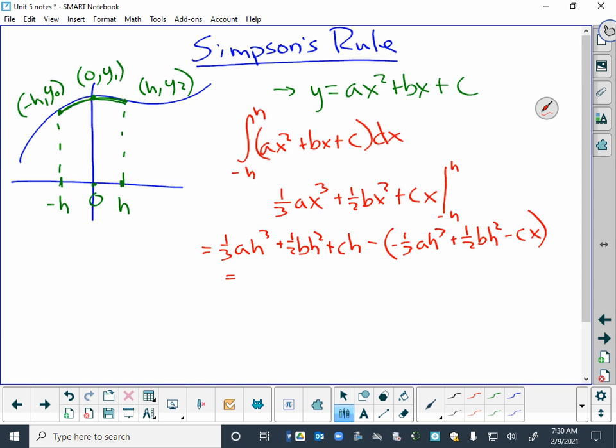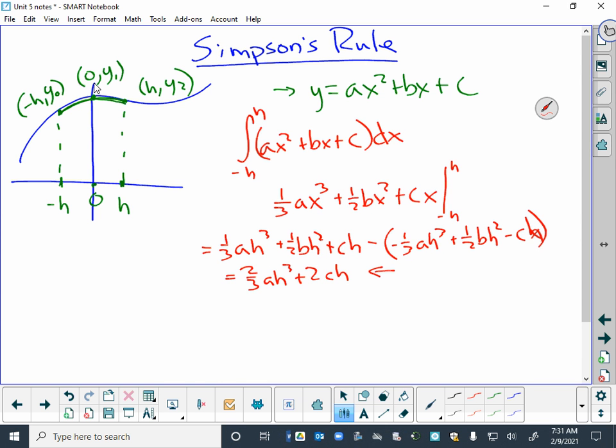Putting all of this together, I get 2/3 ah cubed. The 1/2 bh squareds cancel each other out, and ch minus the negative ch gives me 2ch. So having worked this out, I don't even need to figure out what b is. The b is not even involved in this formula.